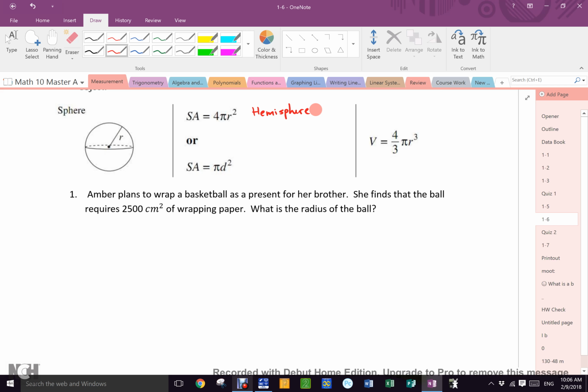So logically, if the surface area of a sphere is 4 pi r squared, what is the surface area of a hemisphere? What would you do to that surface area? You would divide it by 2, correct? Agreed? Everyone understand? And you would get 2 pi r squared. Is everyone cool with that? This is why it causes problems.